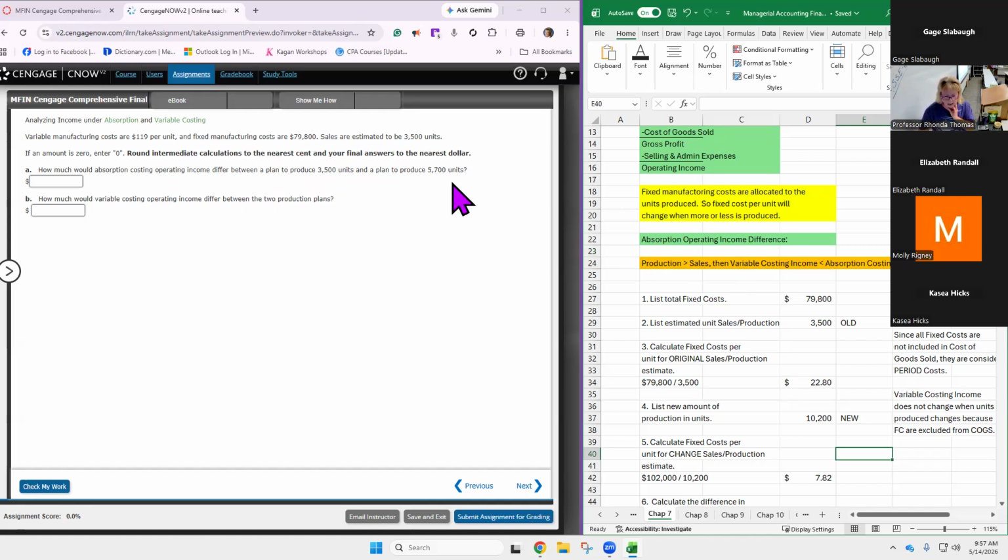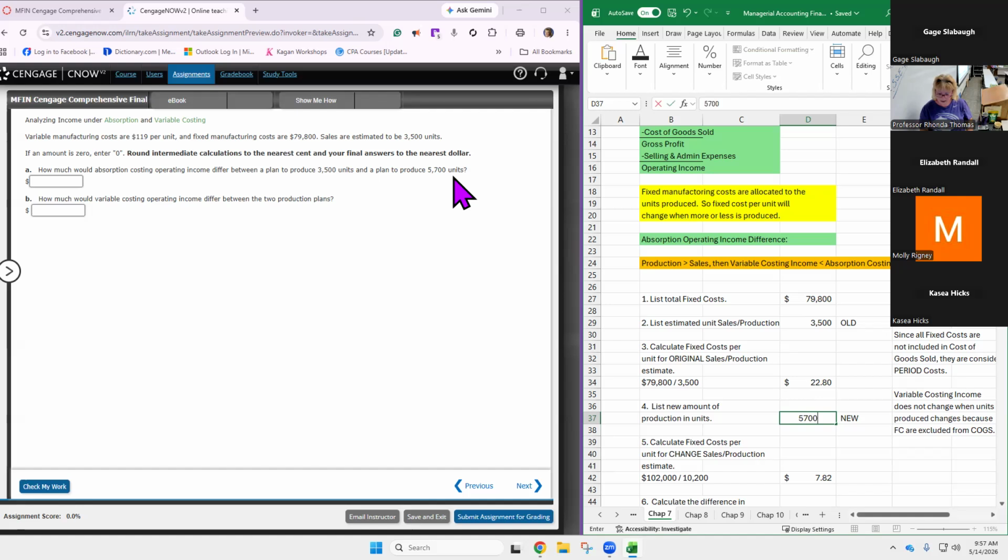Now we want to see what the absorption income will be if we change production. So this could be either an increase or a decrease, but right now they want to increase. So they want to go from 3,500 units to 5,700 units.